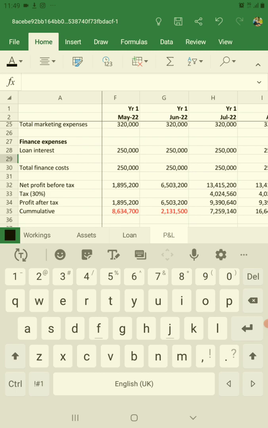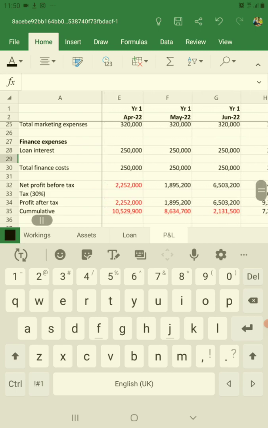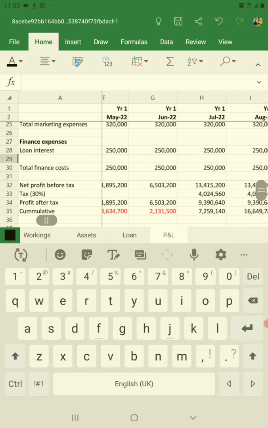Otherwise, if I had an automated tax computation formula, I would have done that earlier. But I cannot derive an Excel formula that takes into consideration that if you have a cumulative loss you should not charge tax, and you start to charge tax after the cumulative loss is 0.